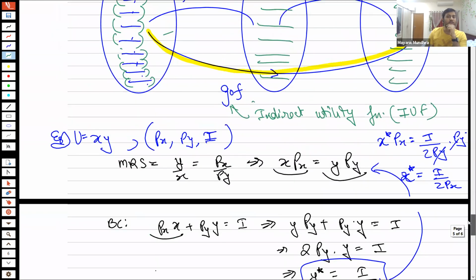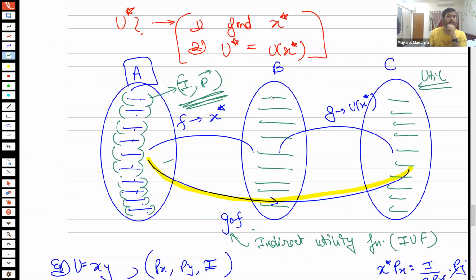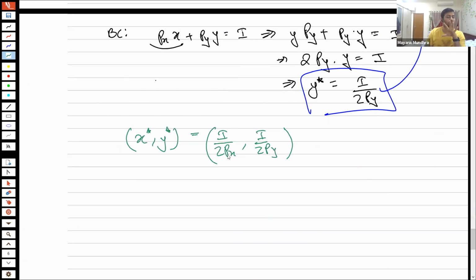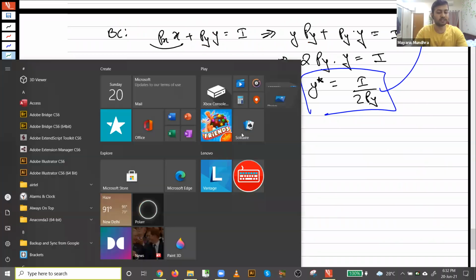Okay, so I start from the I and p regime and I can get this x star y star function, which will basically be I by 2px comma I by 2py. So for different values of I and p, I can find out what the optimum bundle for different individuals is. So I don't need to solve this again and again.